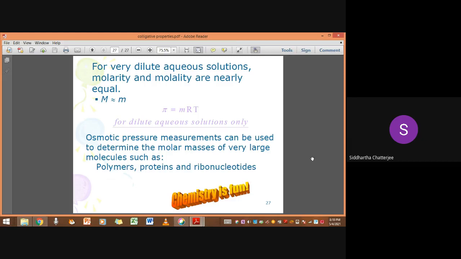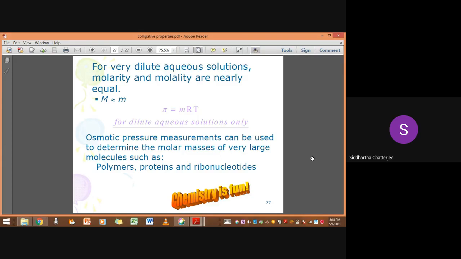For very dilute aqueous solution, molarity and molality are nearly equal. I would like to remind you that molarity we represent by capital M, whereas molality we represent by small m. So you are finding pi equal to, in place of molarity, molality small m, RT, for very dilute aqueous solution only.